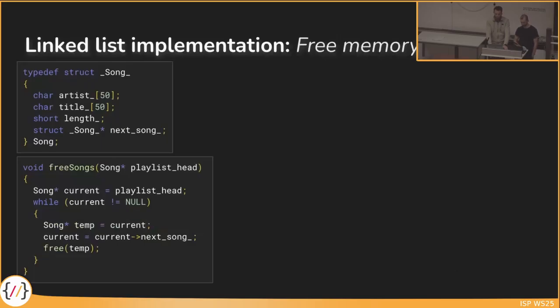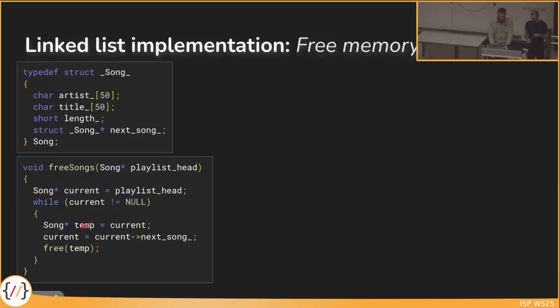Okay, and before we have a look into the main again, we now also implement a free memory function that frees the whole playlist at the end of our program. This function could look like this, again taking the playlist head, creating a current pointer, and iterating over the whole list until we reach the last element.